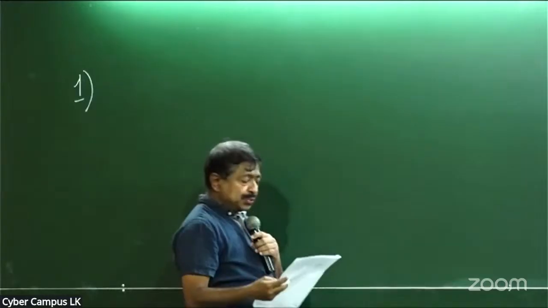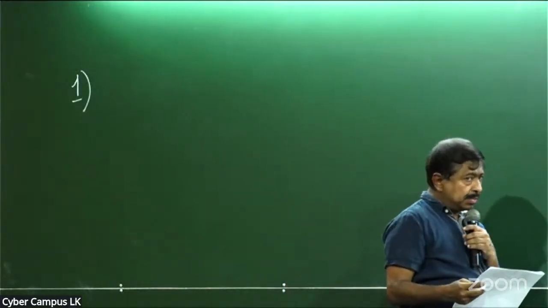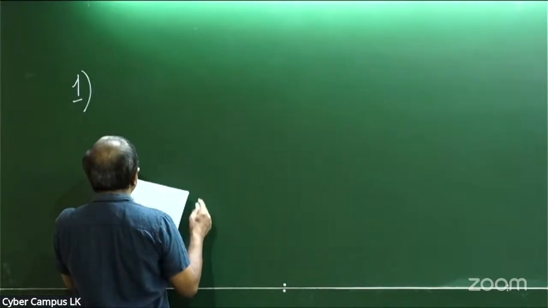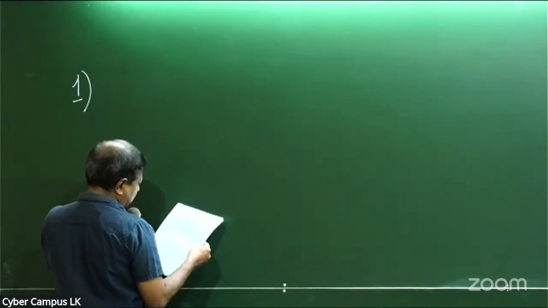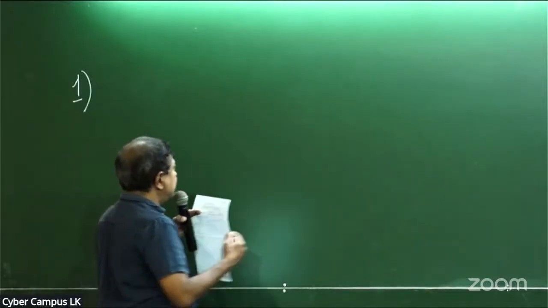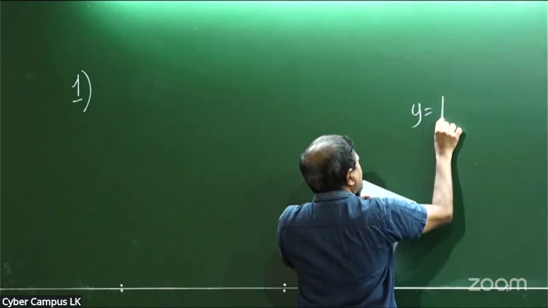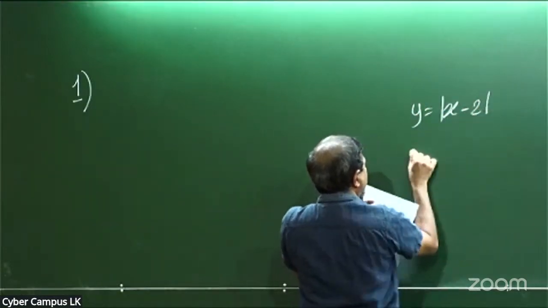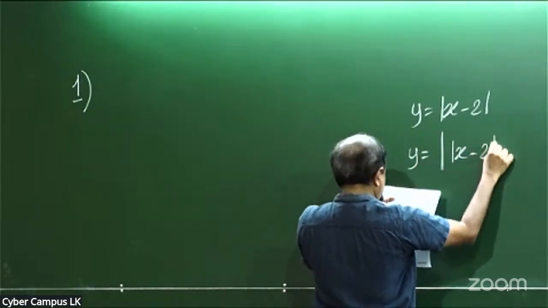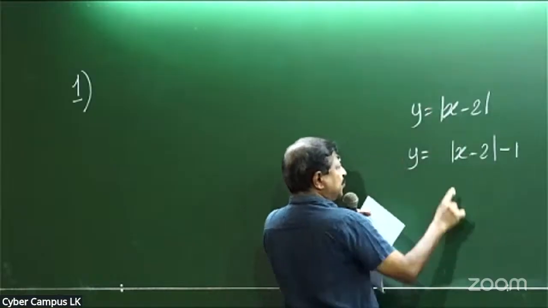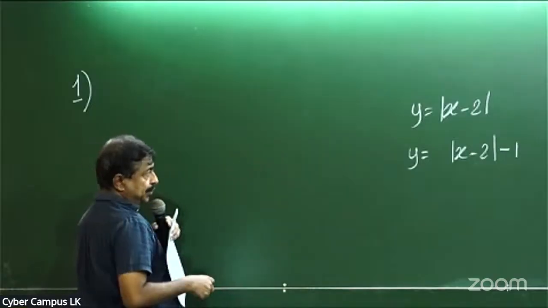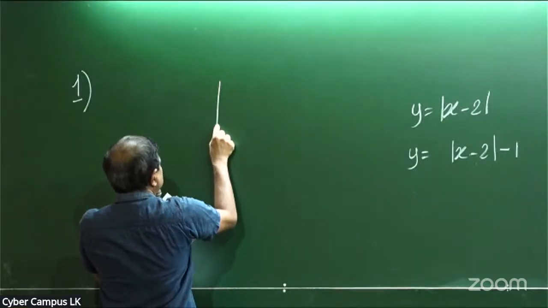This problem usually appears as problem 2, the modulus functions. Here, I'll first write this. You have the paper, so I don't have to give you the summary. We have to sketch these two. First, I'll sketch this without the outer modulus. So it will be like this.